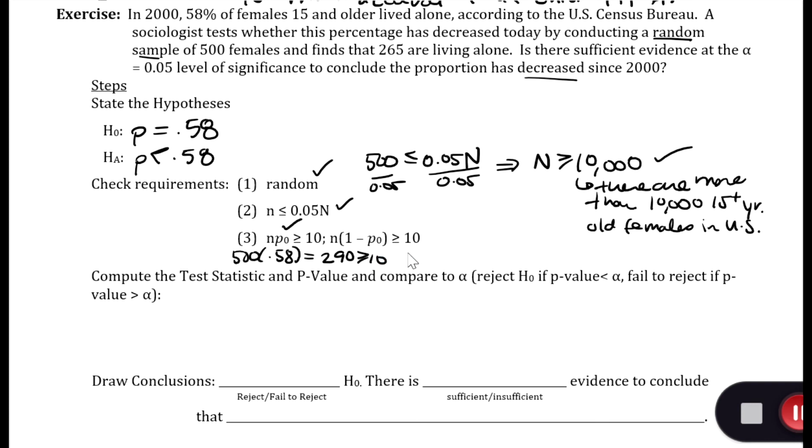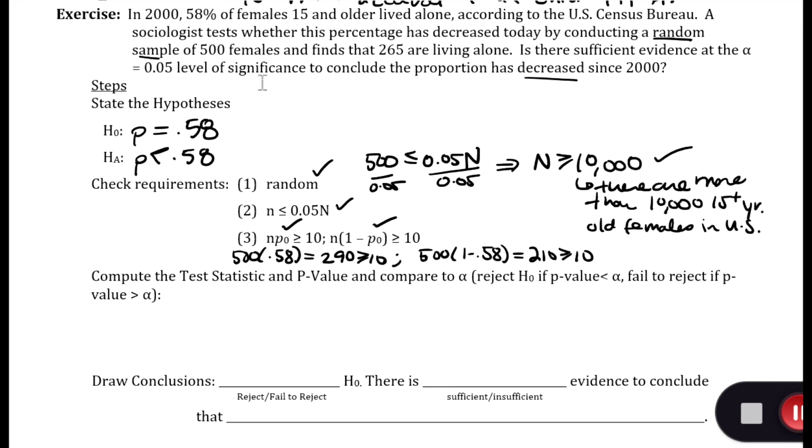And then similarly, we have n, which again is 500, times 1 minus p naught, so 1 minus 0.58. And that has to be greater than or equal to 10. And that is 210, which is greater than or equal to 10. So that is satisfied. And now because these criteria are met, we can go through and do our z-test for proportions. So we want to compute the test statistic and the p-value and compare it to alpha.